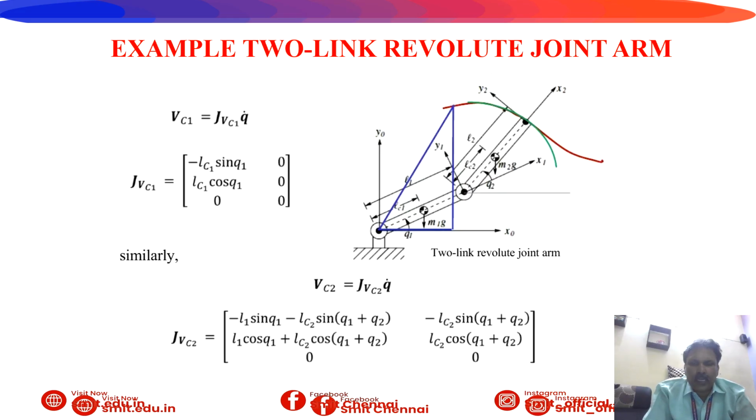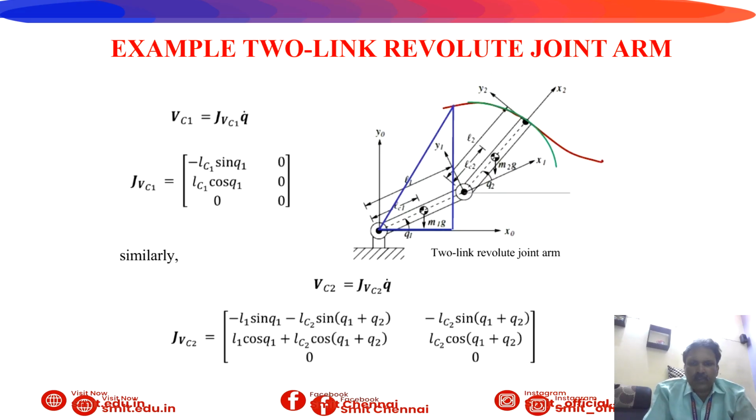Similarly, again we are writing for VC2, that is JVC2 Q dot. The same thing is represented by JVC2: minus L1 sin Q1 minus LC2 sin(Q1 plus Q2), L1 cos Q1 plus LC2 cos(Q1 plus Q2), 0.